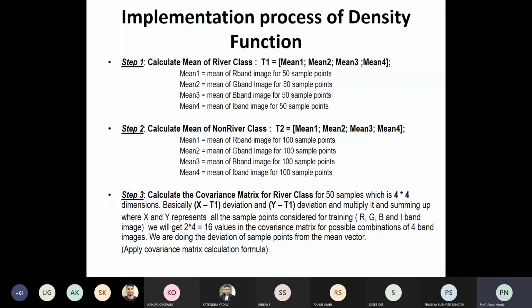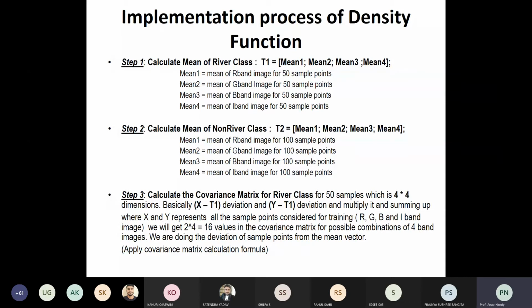Now mean 1, mean 2, mean 3, mean 4. This is just for understanding. It may not be true that in the implementation you should follow these things, so first understand how you are going to solve this problem. And this dimensionality matching is very important.